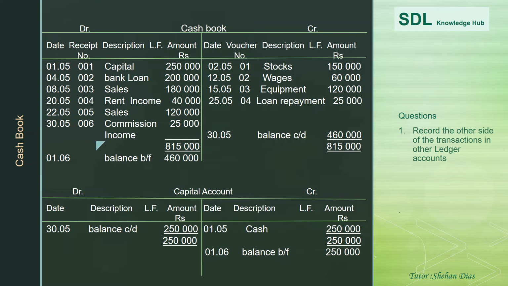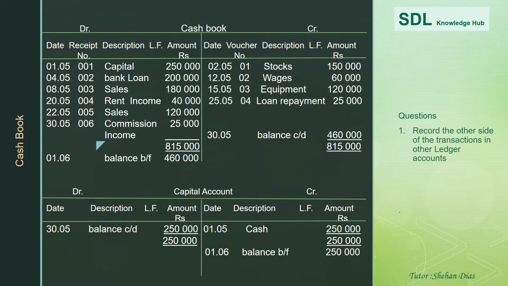So stating bank loan 200,000 debit in cash book on 4th of May, receipt number 2, and open the bank loan account for 200,000. Cash sales of 180,000, receipt number 3, cash coming in, so debit cash book stating sales 180,000.